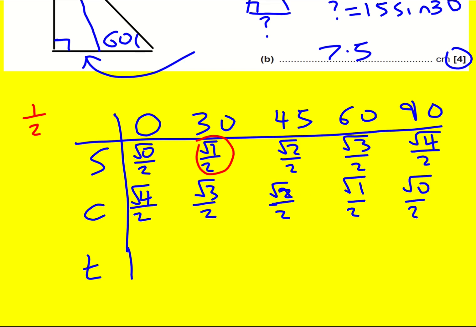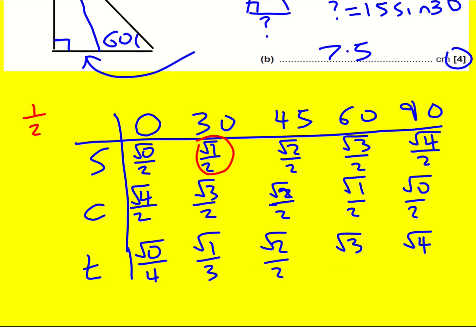Finally, tan, you go back to 0, 1, 2, 3, 4. You square root them. And then you divide by 4, 3, 2, 1, 0, which you also square root. And these give you your values for tan.